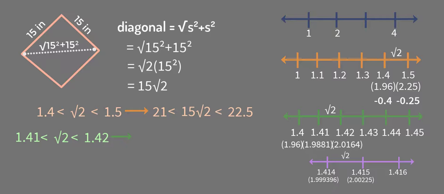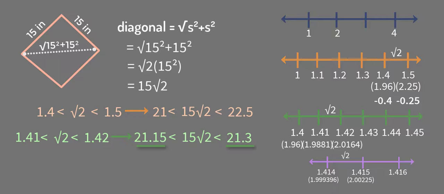So 15 times 1.41 gives us 21.15, and 1.42 times 15 is 21.3. All right, so we should notice something here already. We've got that 15 times the square root of 2, the diagonal length, is somewhere between 21.15 and 21.3.